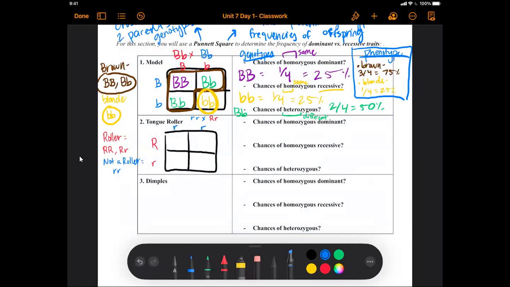All right, take about 1 more minute, finish working through that Punnett square and figure out the percentages. Yes, Selena, that's correct. And when we're talking about genotype, we're kind of talking about the sum of all of those genes working together.